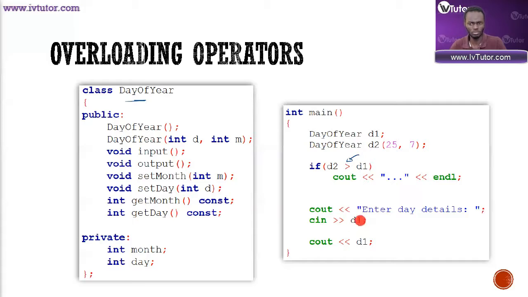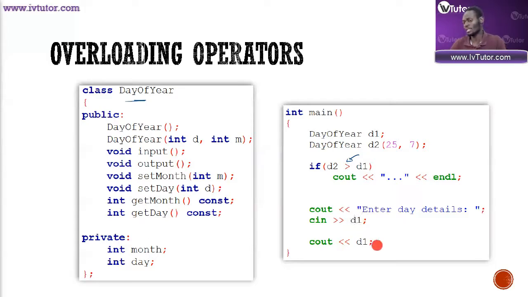It just wouldn't know what to do here. But we can overload this operator and tell it exactly what it should do. Like, okay, extract the first item and put in day, extract the second item and put in month. If we can achieve that, it means our code becomes simpler, because then we can just cin straight into D1, into an object of type day of year.